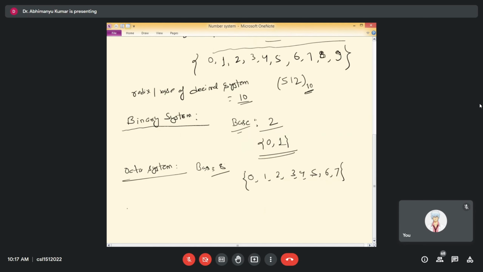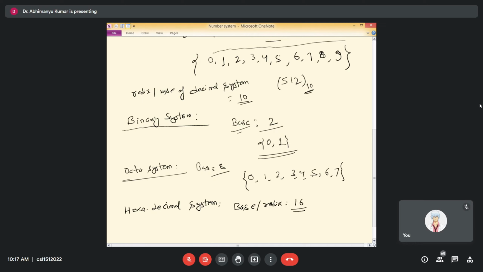Now the fourth one is called the hexadecimal system. In the hexadecimal system, the base, the radix, is 16.